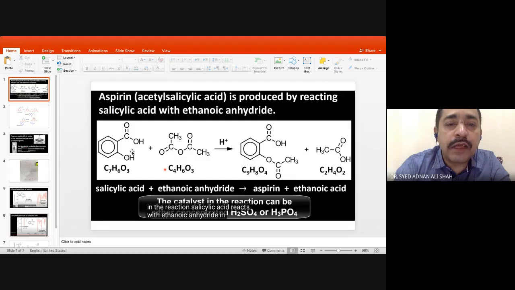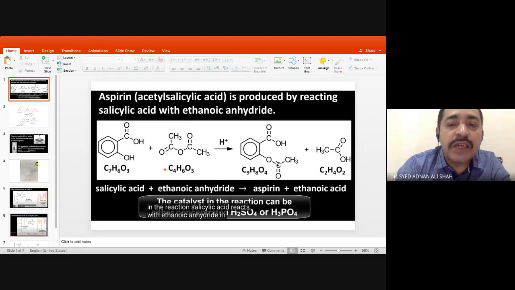In case of the salicylic acid, the most nucleophilic is this hydroxyl group as compared to the carboxylic hydroxyl group, because it is involved in conjugation. So this OH group is more nucleophilic. That's why it will attack on this carbonyl group, and then it will acetylate it.